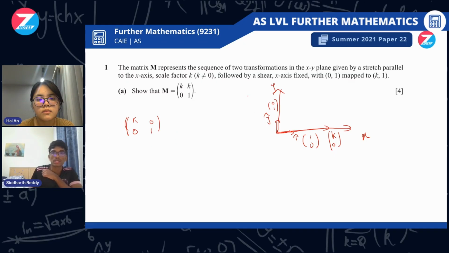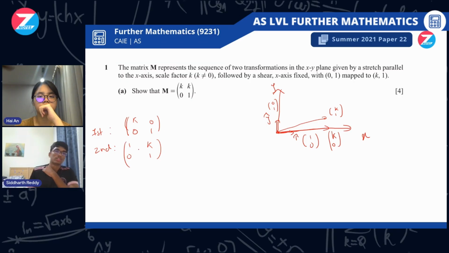And then the second transformation. The j hat, the (0, 1) vector, is mapped to (k, 1). So it's like going here. Now i hat stays fixed, and basically (1, 0) stays as it is, and this becomes (k, 1).